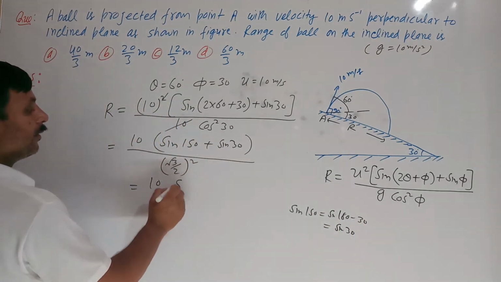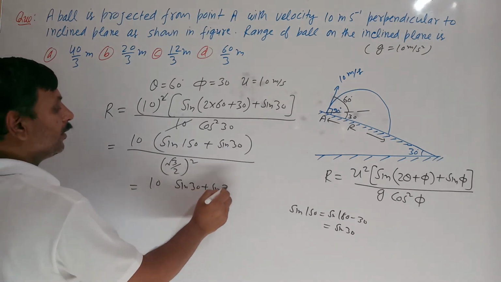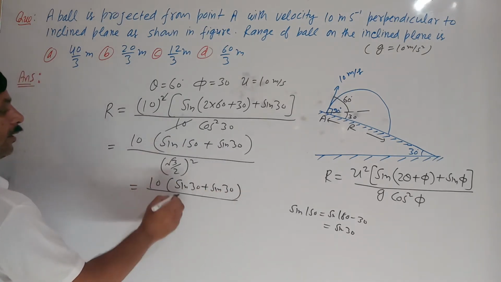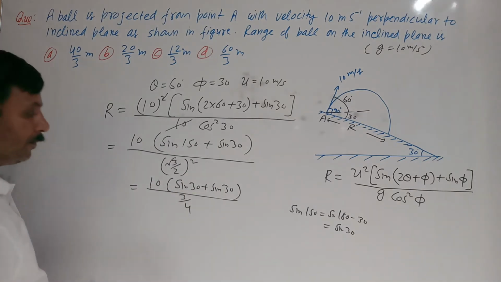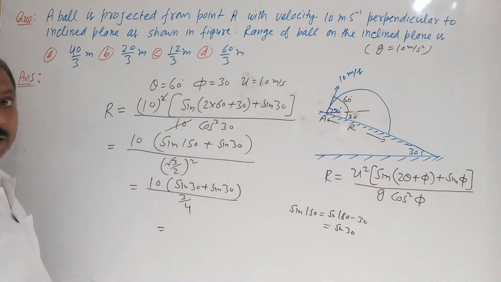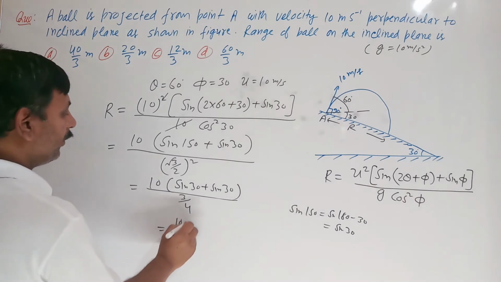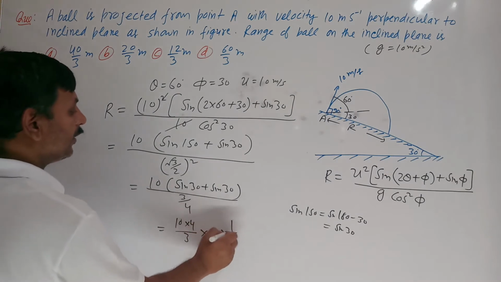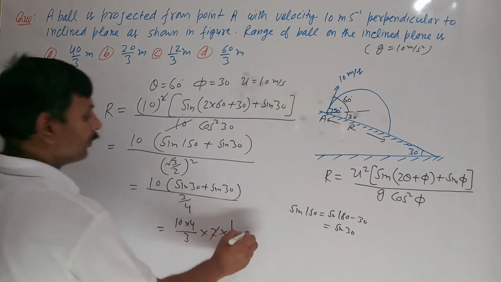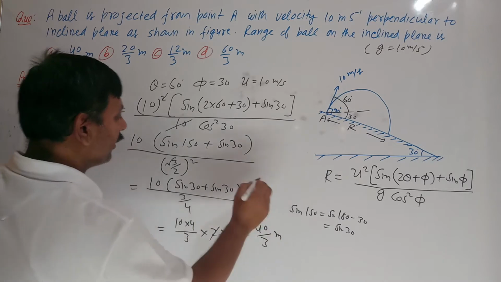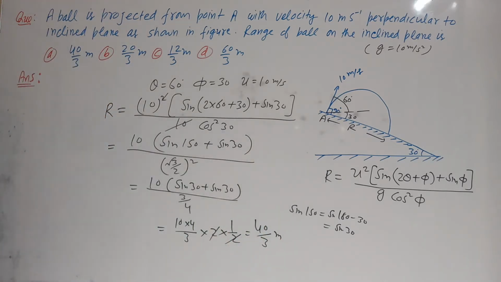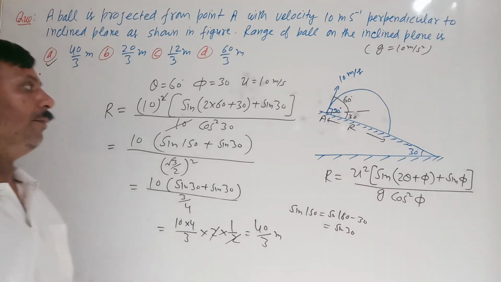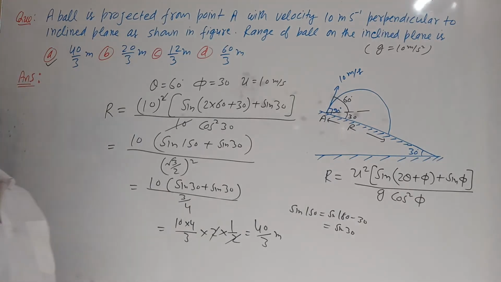So sine 30 plus sine 30, divided by 3 upon 4. So what will be the answer? 10 into 4 by 3 and 2 sine 30. 2 sine 30 is 1 by 2. So it will come 40 upon 3 meter. The range of the ball will be 40 upon 3 meter.